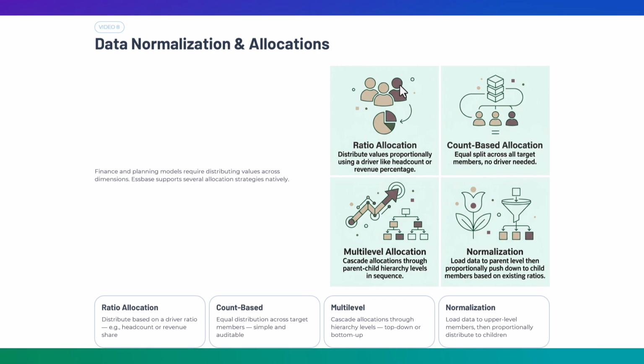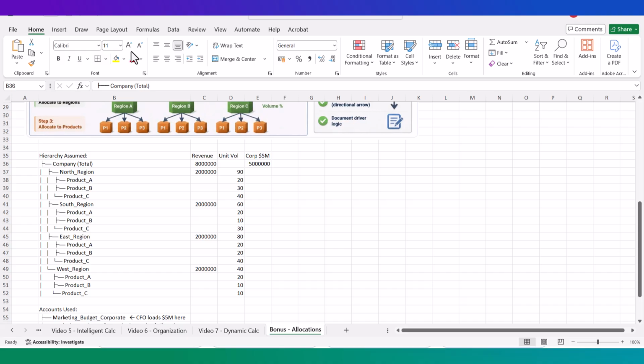So data normalization means loading data at summary level and then distributing it down to the detailed members. For example, your finance team provides a total corporate overhead figure at a company level. So as you can see, this is the example.